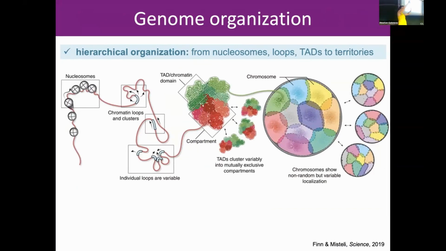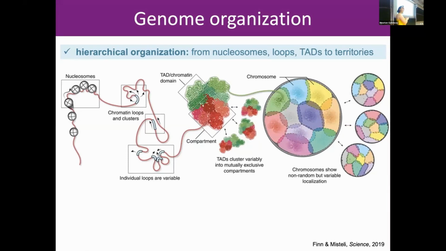These loops make further more complex structures that we refer to as topologically associating domains. These can then further form clusters and compartments. And finally, the whole polymer itself, one chromosome, forms the territory, where each respective color corresponds to one territory.